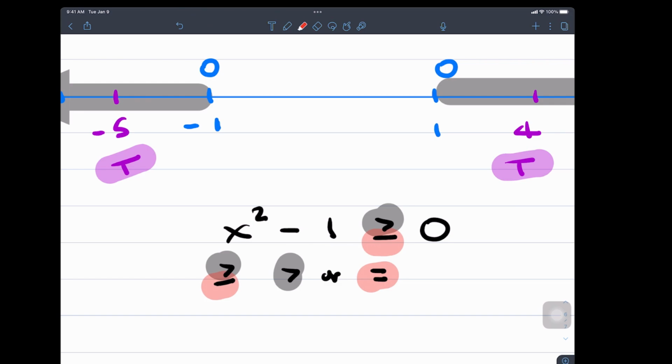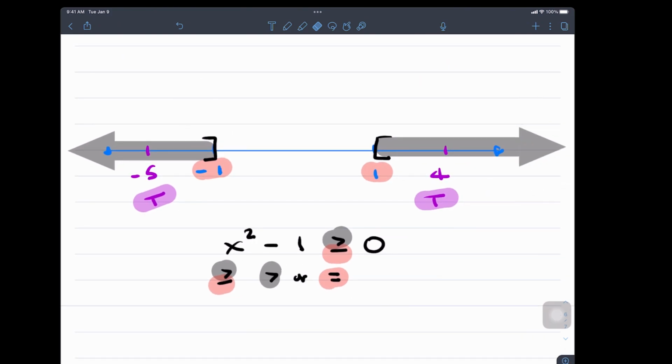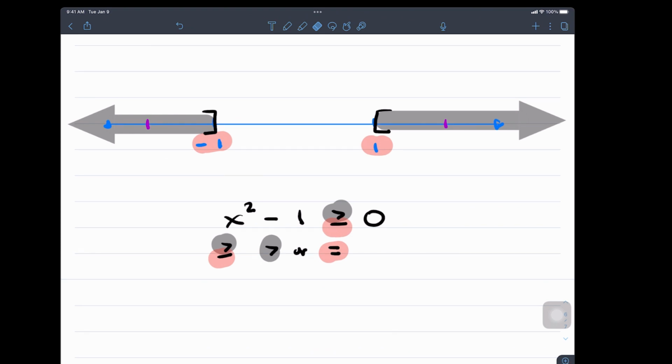They want to know, does it ever equal 0? Where? Right here. You guys see why we put the zeros? So what do you think that means? That means when you graph, include, put the square bracket. It means include the zeros. And ladies and gentlemen, there you are.